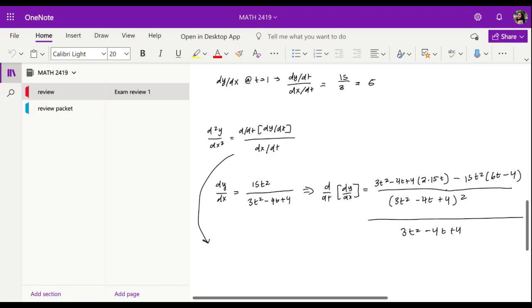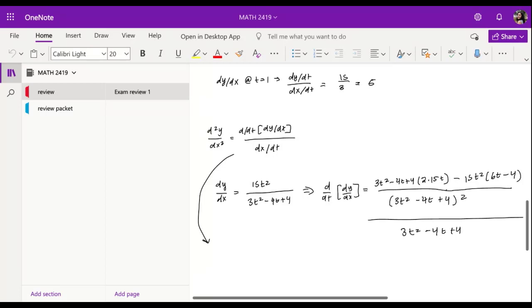Yes, we do have to use the quotient rule over dx dt because for this problem, we use the quotient rule. It might not be like that for every problem because it might simplify out beforehand. But for this one, the easiest way to take the derivative is to use the quotient rule.